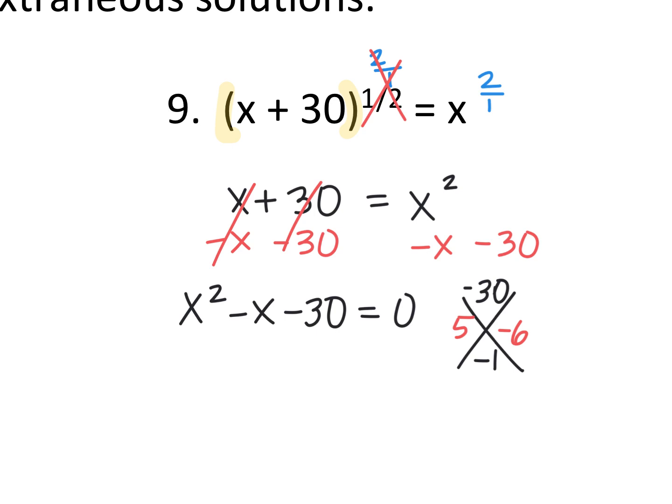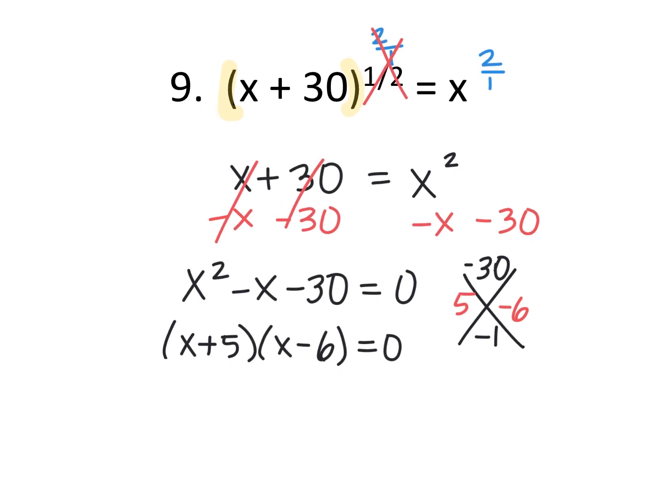Five and negative 6. So if we go ahead and factor it, that's going to be x plus 5, x minus 6, which gives you 2 solutions. Negative 5, positive 6. Okay, you're not done because you have to do the check step, right?